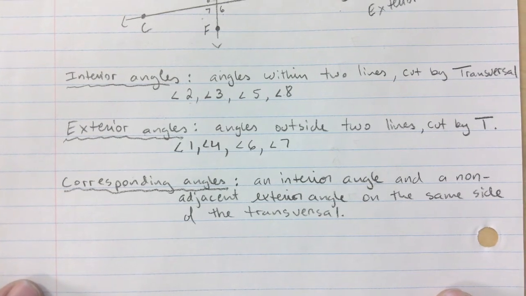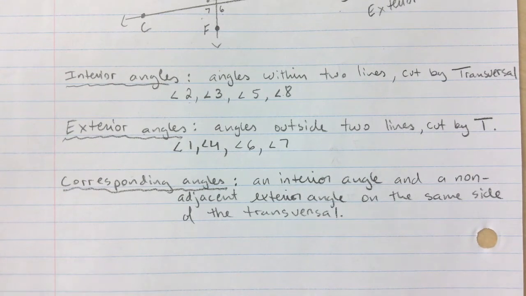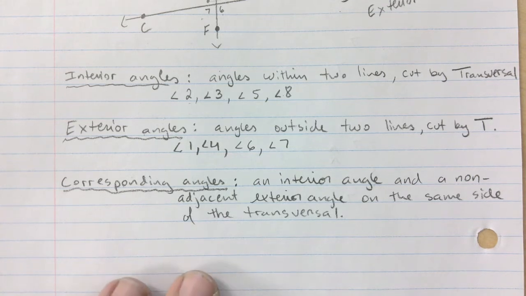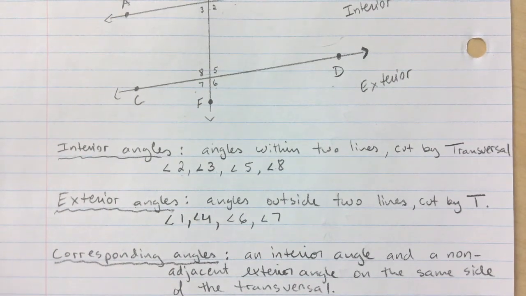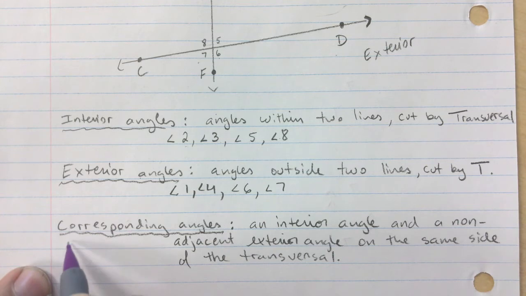And I'm going to let you copy this first before I talk about it. So this is how you find corresponding angles. So this would be a pair. They're always in pairs.